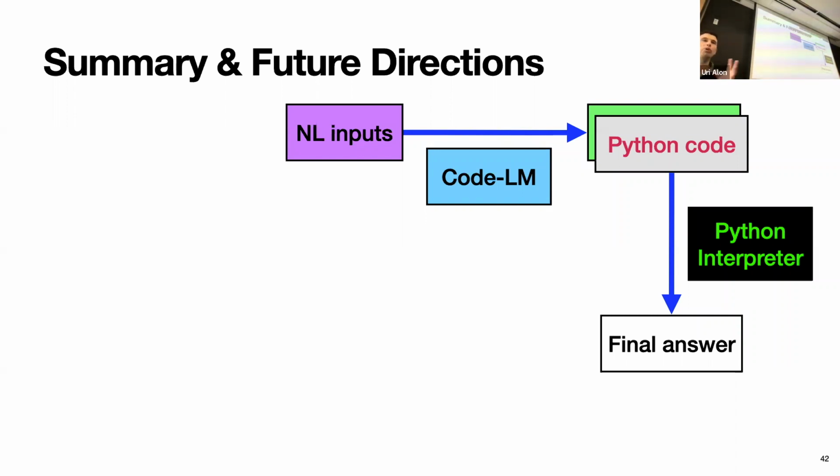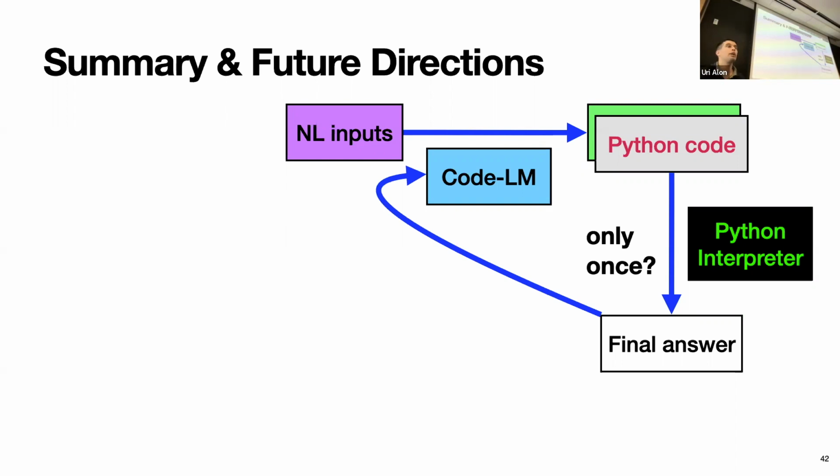I think that these two approaches raise a variety of interesting directions. So for example, in all the experiments that I talked about, we did the final execution step only once. We generated a Python program and then ran it only once, but nothing prevents us from taking the output of the interpreter and feeding it back into the language model and maybe teaching the model in some way to call the Python interpreter multiple times.